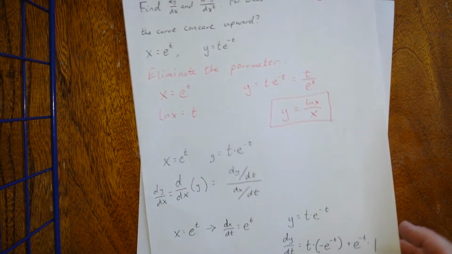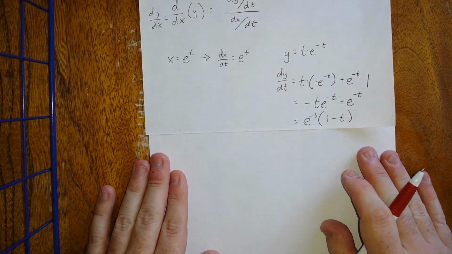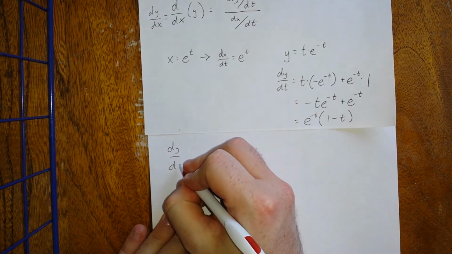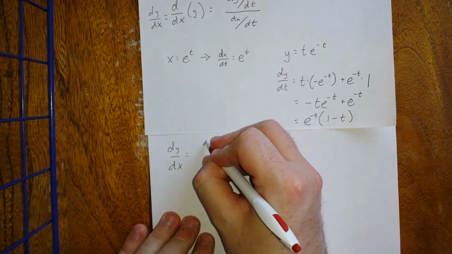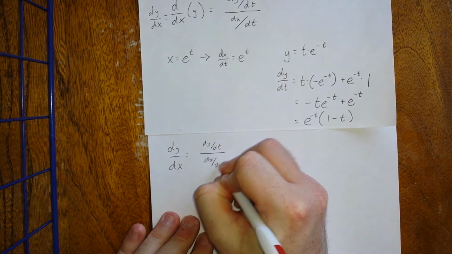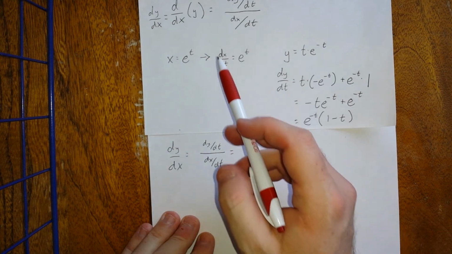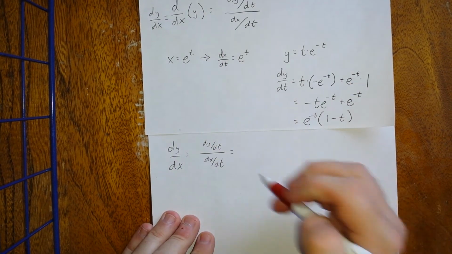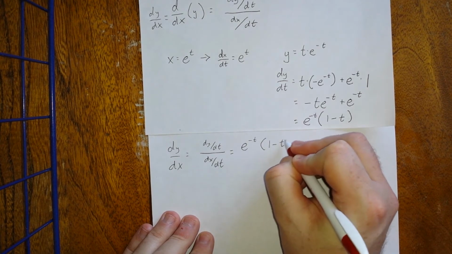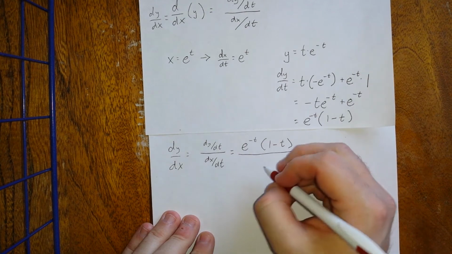Now, let's keep this going. Moving on to our second page, we just said dy/dx is equal to dy/dt over dx/dt. We now have expressions for both of those things. dy/dt, let's grab this expression back here: e to the negative t times 1 minus t, all over dx/dt, which we said is equal to e to the t.